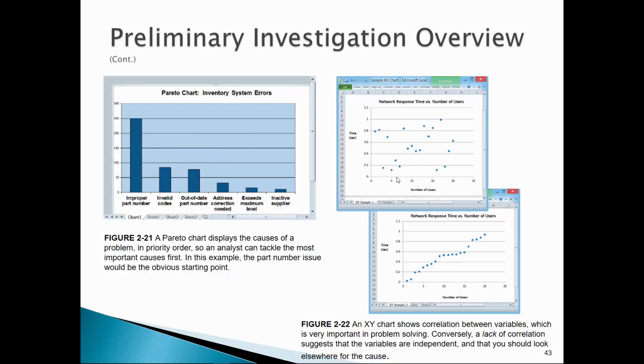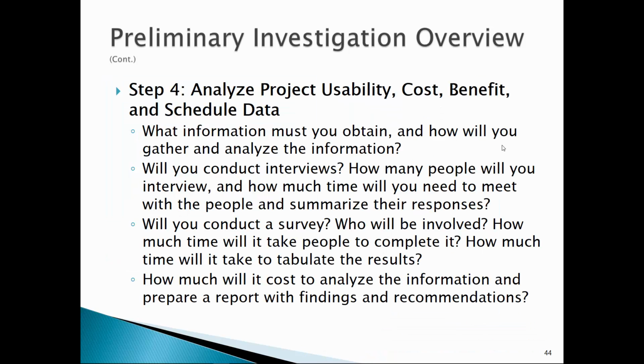Network response time, okay? Depending on the number of users, look what happens as the users go up, the response times may go up. Analyze project usability, cost, benefit, the schedule.